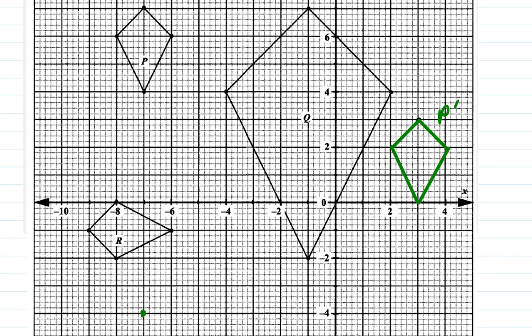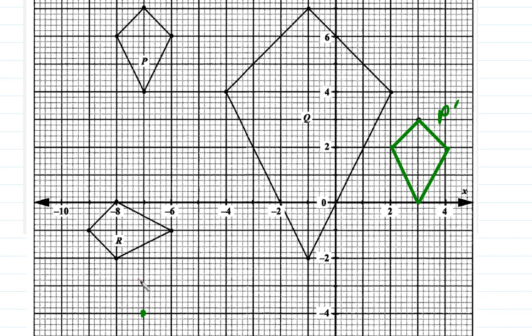Right? So 1, 2, 3, 4 down from the x-axis, the line y equals 0. So it will end up 1, 2, 3, 4. So remember, it will be inverted, that means turn upside down, or left and right if it was horizontal.